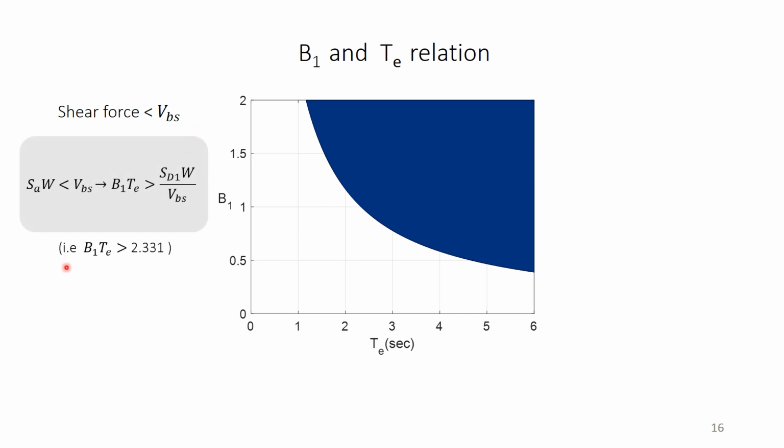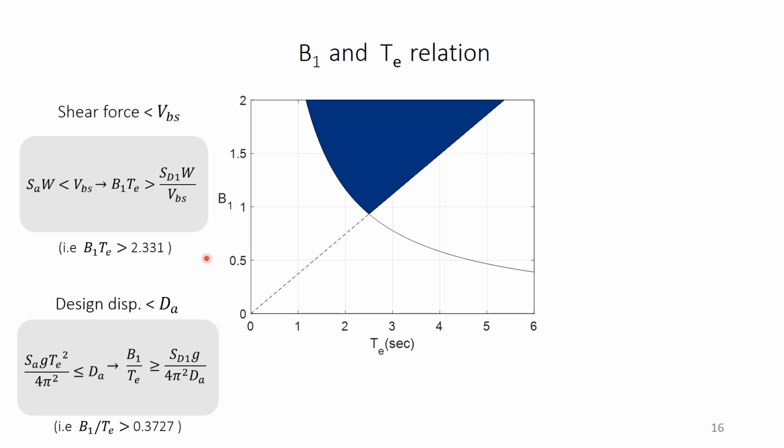And the corresponding condition can be determined. And for this condition, the first design range is the blue color area. And the second design goal is that the design displacement has to be less than the allowable displacement, which is set to be 45 centimeters here. So the second relation is determined.